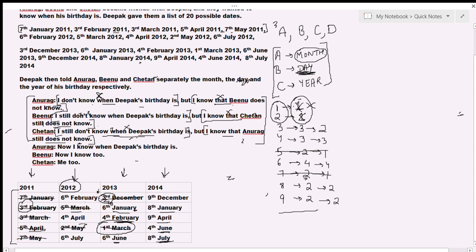He is very sure that Anurag doesn't know, which means he is sure that Anurag has not got December. This means that Chetan has not got the year 2014. Now, where is 2014 here? So, we'll eliminate all these possible dates in 2014. So, this statement has also been utilized. I'll again repeat this 2013 part.